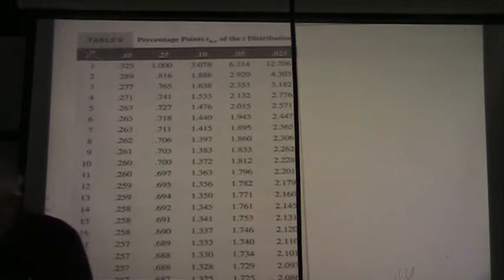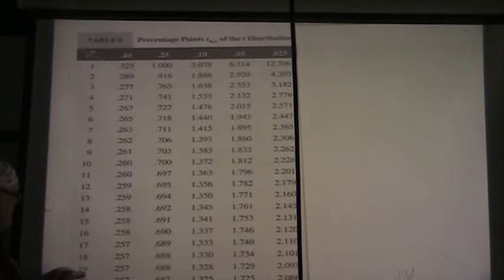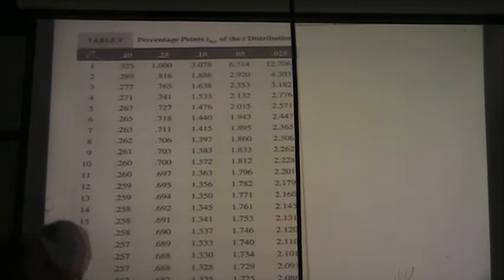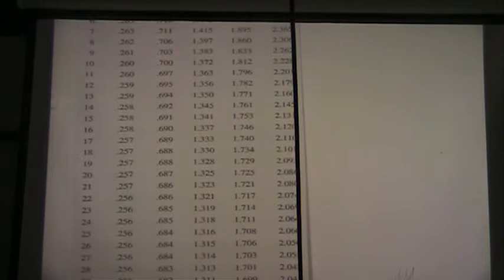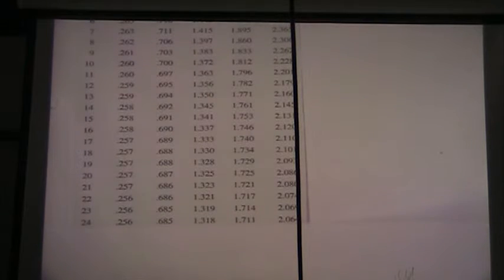All right, and you'll notice we're only going up to 19 here, so I will tilt down and put a piece of paper under my row of the degrees of freedom being equal to 24.